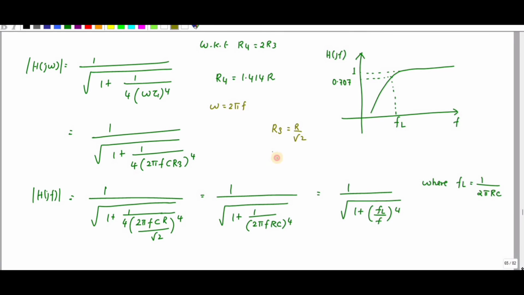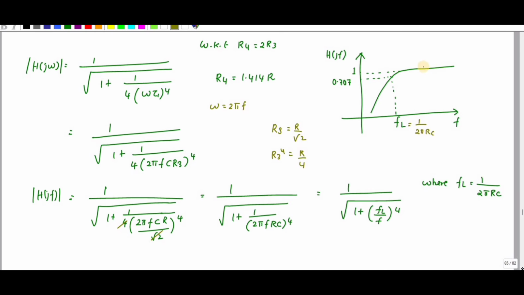If I take R3 power 4, I will get R by 4. If I substitute, this 4 and 4 will cancel out. I will get 1 divided by 2 pi f RC. We know that FL is equal to 1 divided by 2 pi RC. So if I substitute, I will get 1 divided by root of 1 plus FL by F, the whole power 4. This is the transfer function you will get.